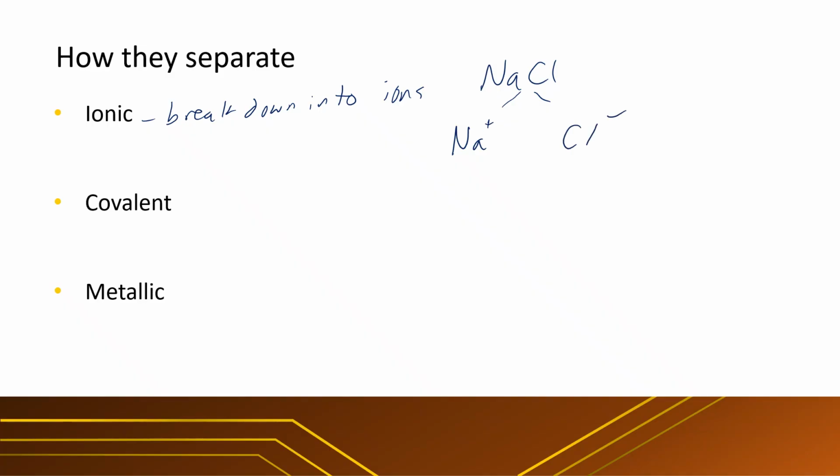So they break down into separate ions. Covalent compounds typically are in molecules, and for the depth of this class, molecules is enough. So when you have a bunch of water molecules together, for example, water is H2O, and water molecules have covalent bonds.